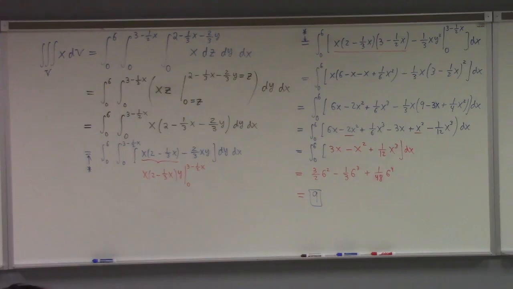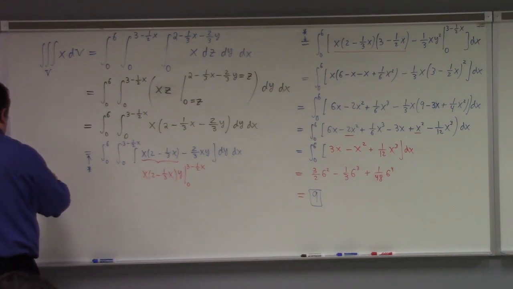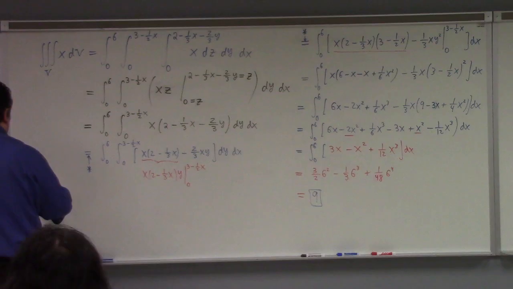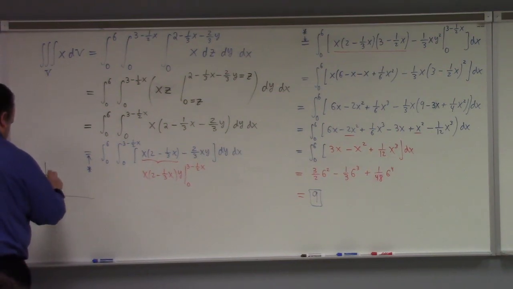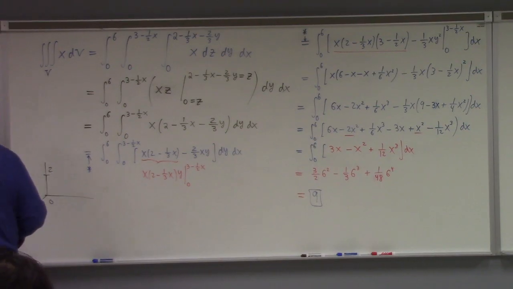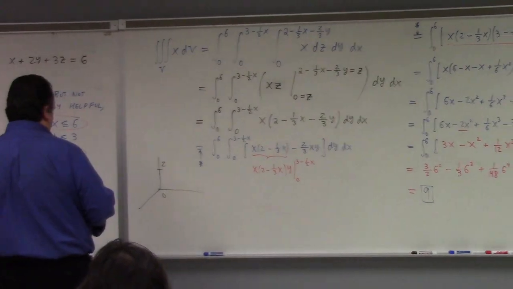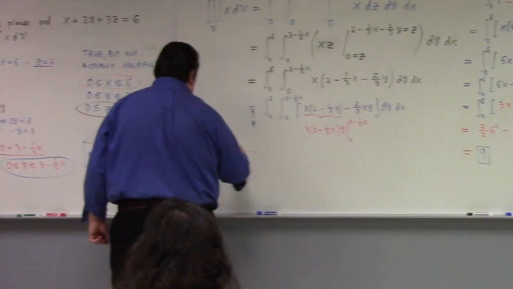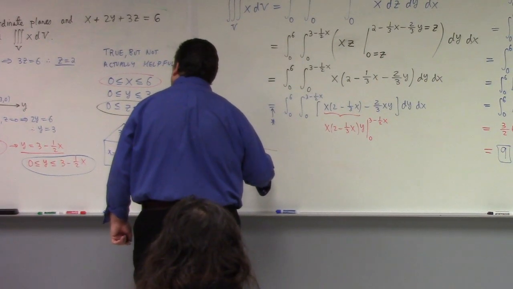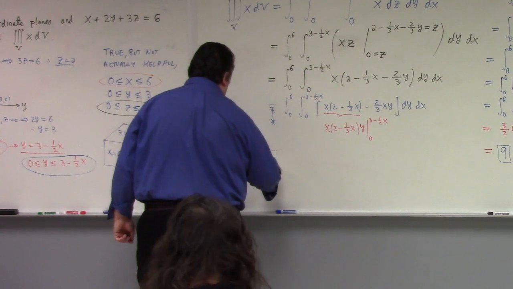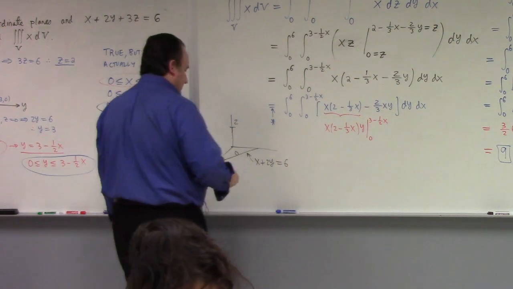So I need somewhere to draw. All right, so we're going between 0 and 2 for z. I think it's still basically governed by this thing, right? Which is x plus 2y equals to 6 there, right?